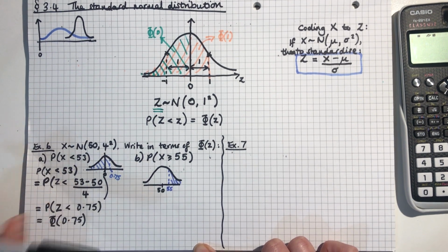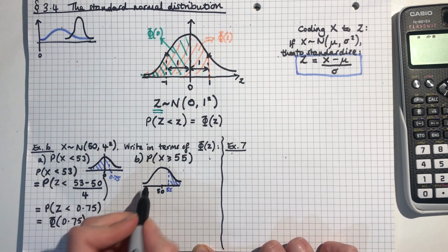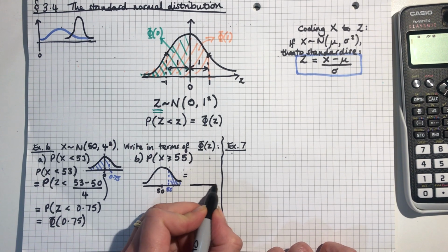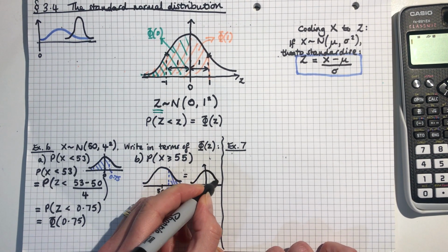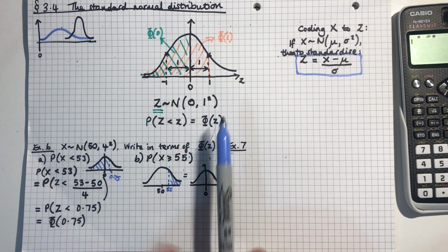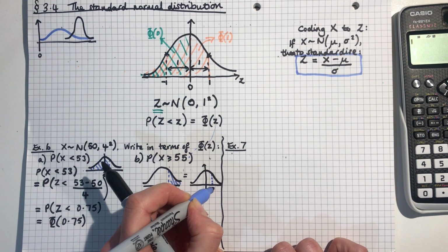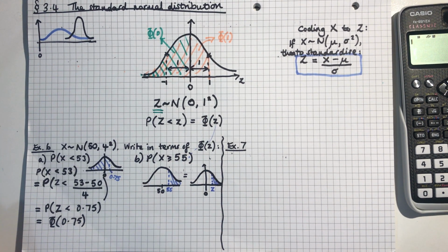Now, for the purposes of this, though, we are going to standardise it to z. So that area there is the same thing as taking the standard normal distribution, going through 0, and finding the area bigger than this value here. And that's the value that I want to find.